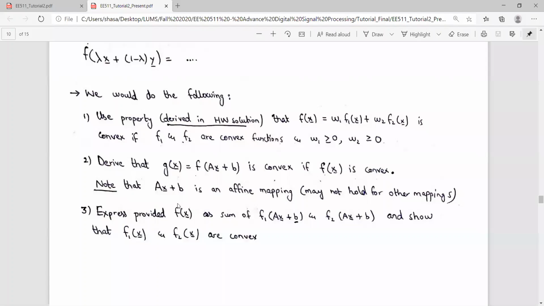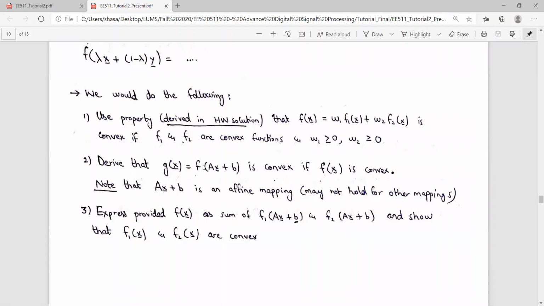And here the stress is that for particular types of transformation, instead of f of x, I am transforming x through ax plus b, which is what we call an affine mapping. It means that the resultant mapping, or the points after undergoing this transformation, are collinear.